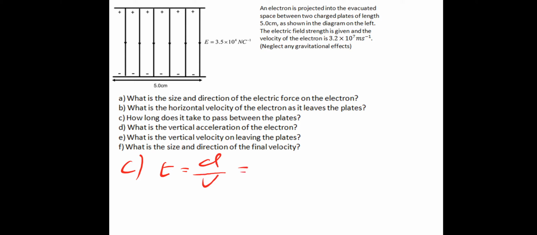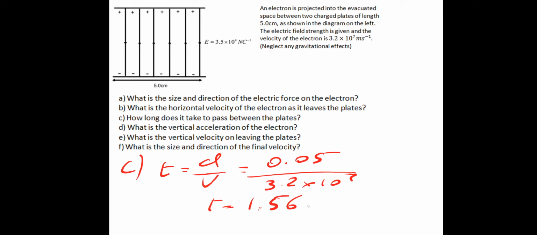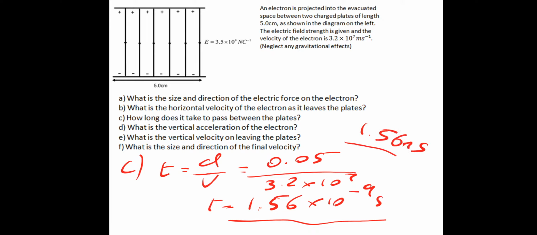So the distance is 5 centimeters, which is 0.05 meters, divided by the velocity, the 3.2 times 10 to the 7, which gives a time of 1.56 times 10 to the minus 9 seconds. Or 1.56 nanoseconds.